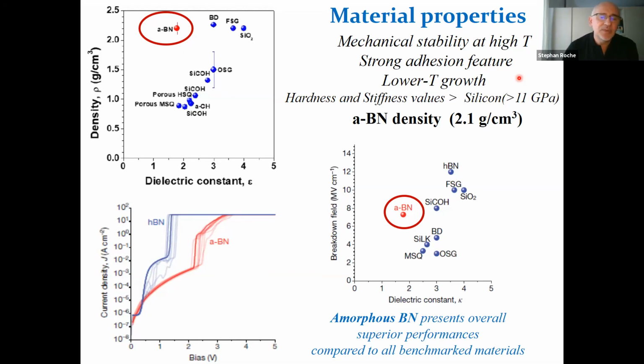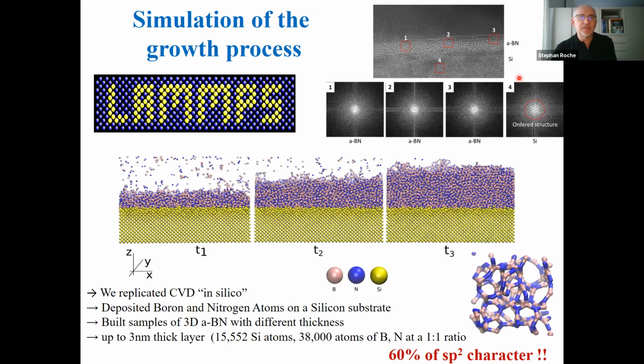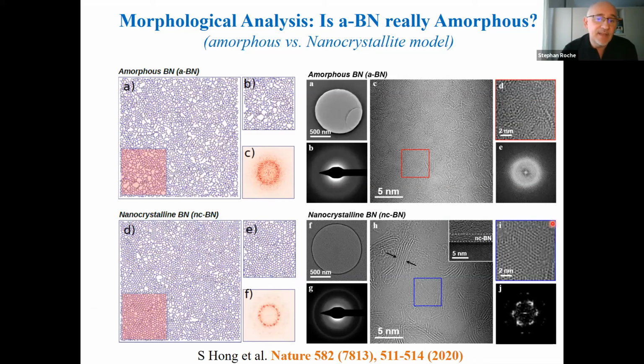So what we did is to investigate this type of material using molecular dynamics and our machine learning based potential, and we found the possibility, I mean, the parameters, how to tune the parameters to get 60% of sp2, and we could also compare one-to-one different types of disordered phases.